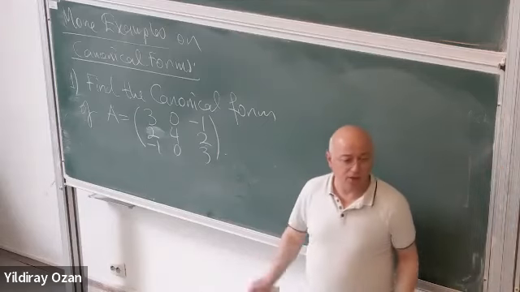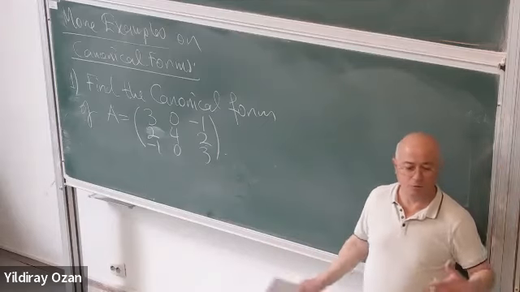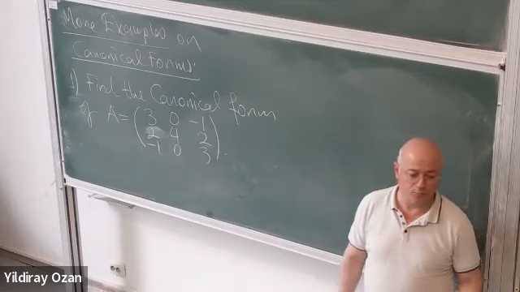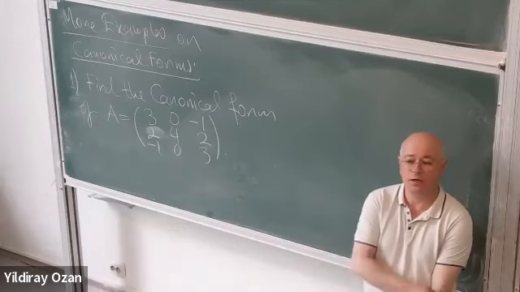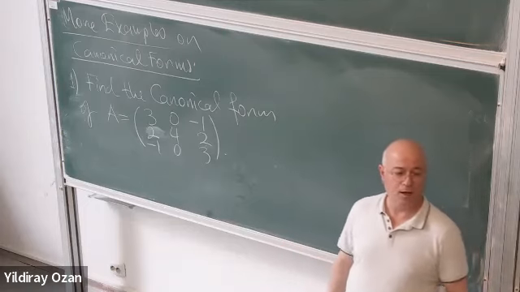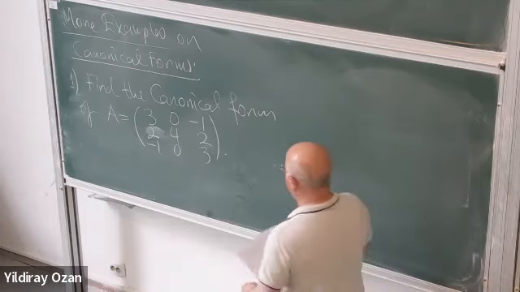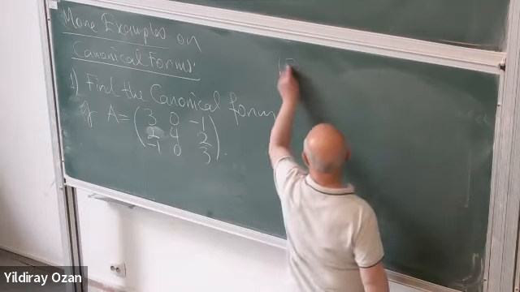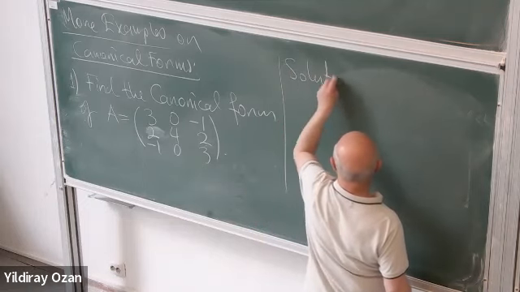if it is diagonalizable, we would like to find its diagonal form. If not, we can find its Jordan form if it exists, and so on. How would you proceed?